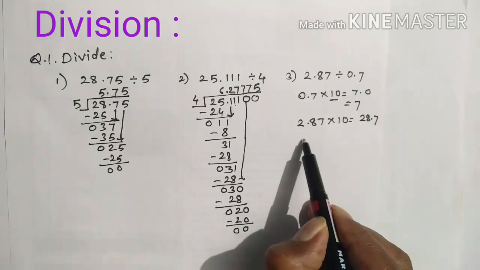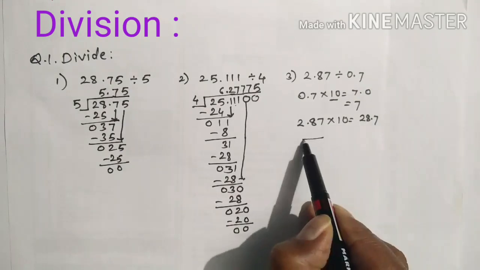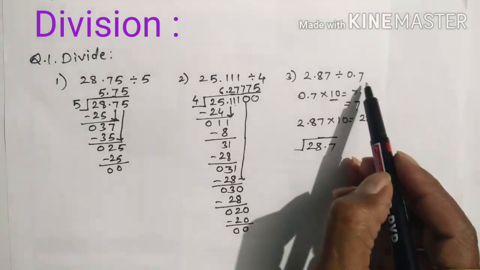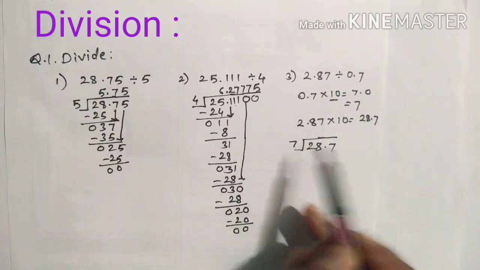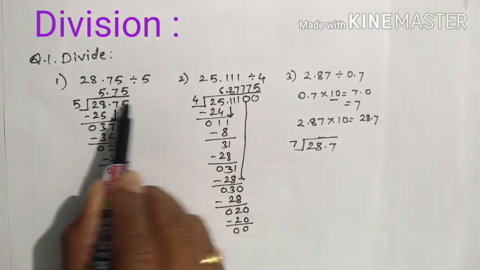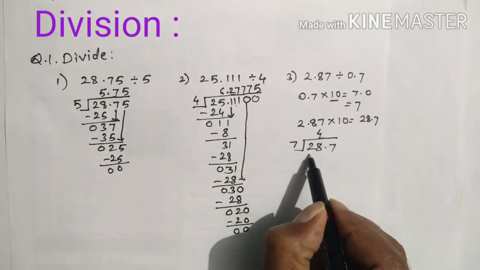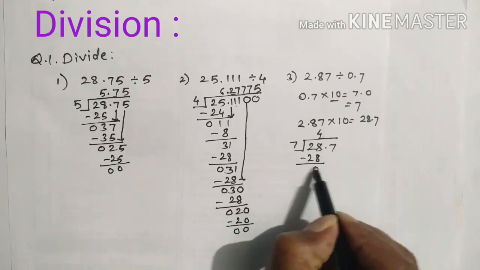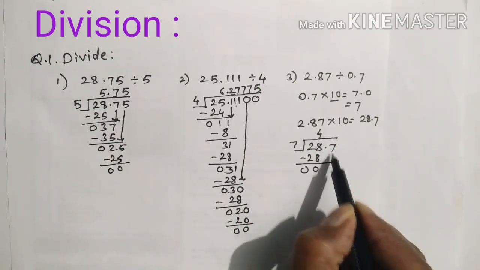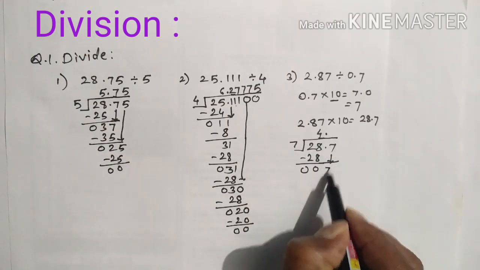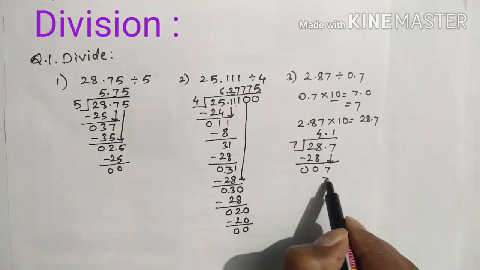Okay, so now our new dividend is 28.7 and our new divisor is nothing but 7. Now like this only we have to divide. So 7 4s are 28. Now we are taking the decimal digit, so we have to put a decimal point here, and here 7 ones are 7.